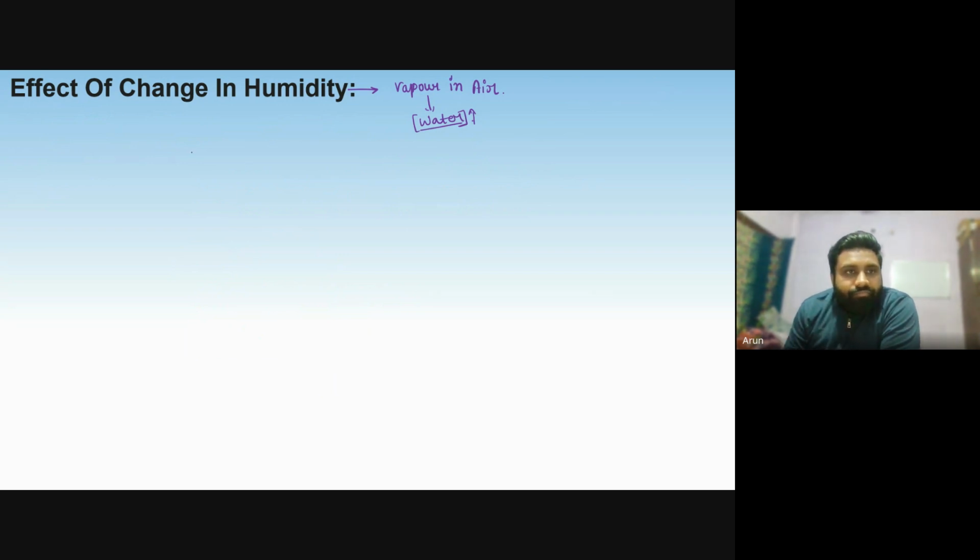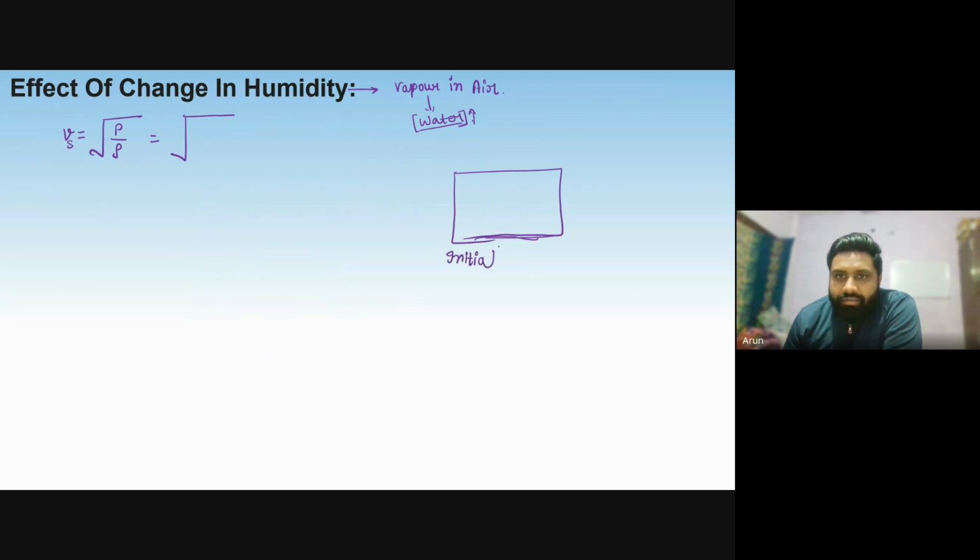Now we know that the velocity of sound is nothing but pressure upon density. Got it? Now what you will see, humidity means, let's say this particular section we are talking about. Initially, there are two situations, initial and final. First, we see the initial case. So let's say we have only air molecules. There is no humidity in air.